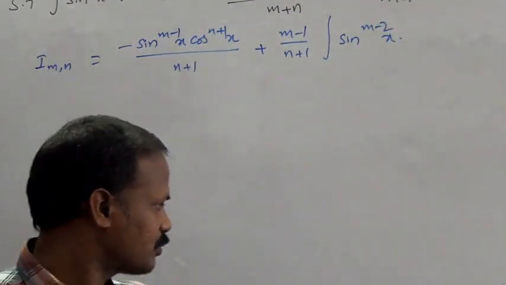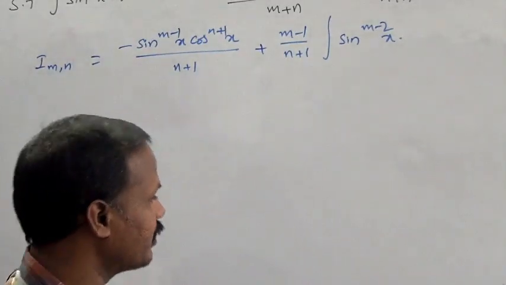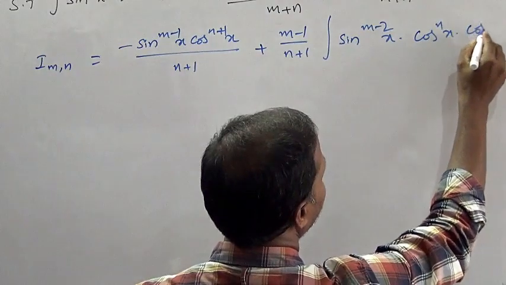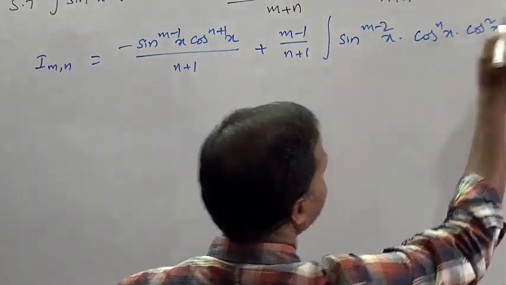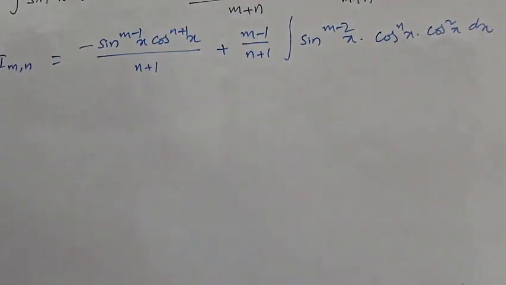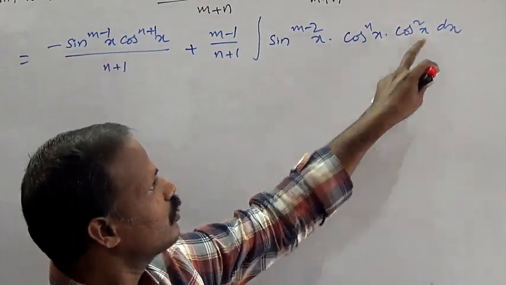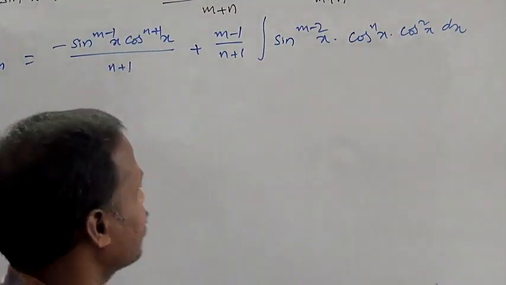Now this cos^(n+2) x can be written as cos^n x into cos^2 x. Now I will convert this cos^2 x into sine, that is 1 minus sin^2 x.